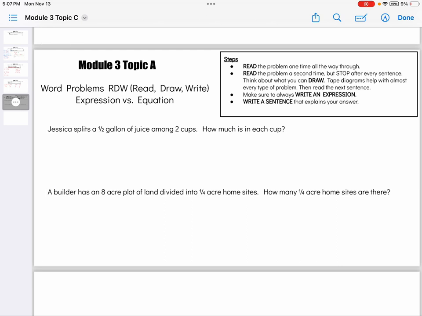All right, so let's go ahead and do a practice word problem. So students need to know the difference between an expression and an equation. An expression is simply maybe 12 divided by 3 or 6 divided by 2. It doesn't have that equal sign or the answer. So let's read the whole way through. Jessica splits a 1/2 gallon of juice among 2 cups.